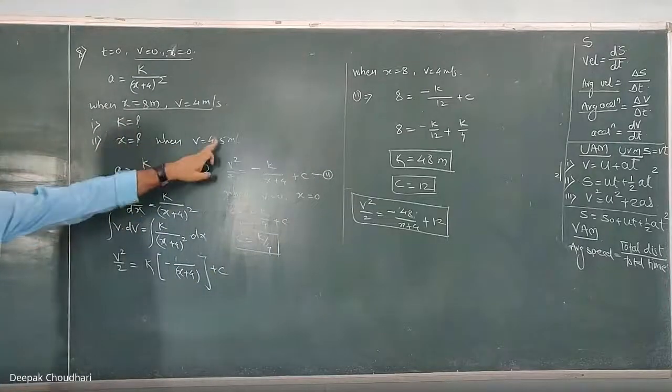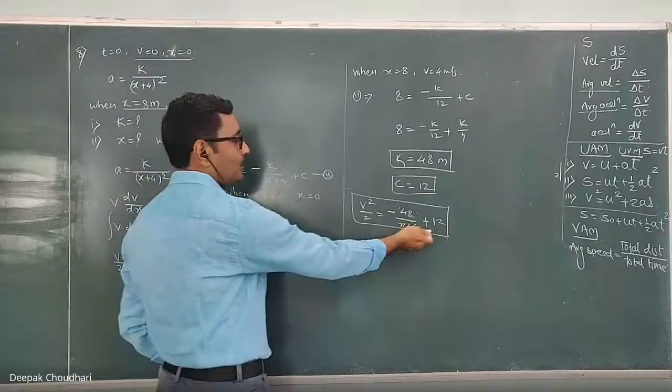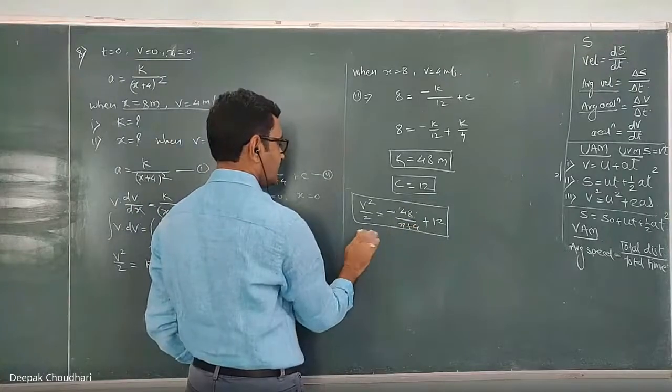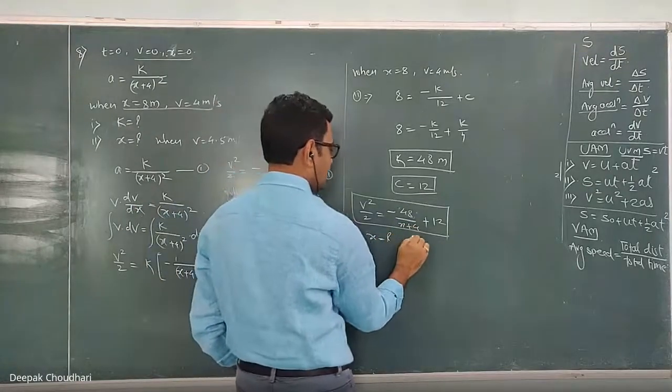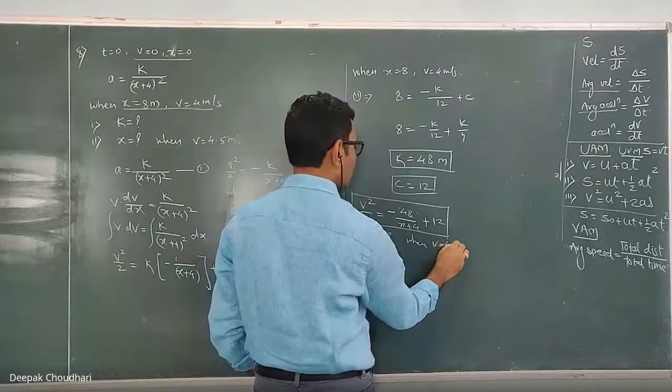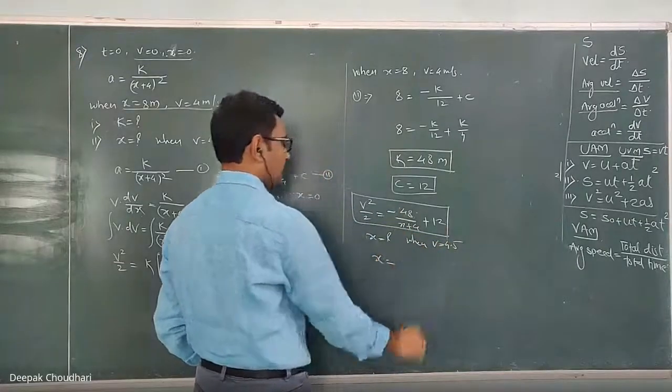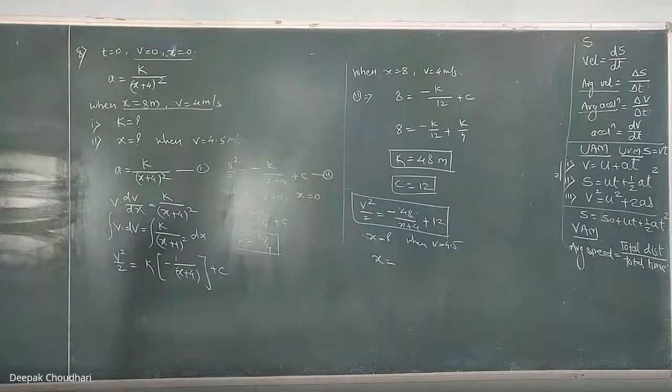Now you have to find out the position when v equal to 4.5. Substitute v equal to 4.5 and get the answer of x. Substitute in this equation and tell me the value of x. How much? Why is so much time required?